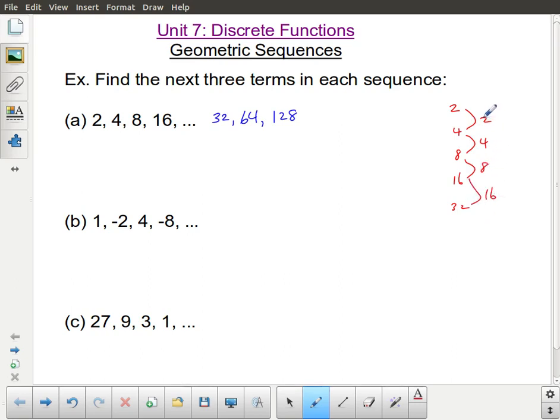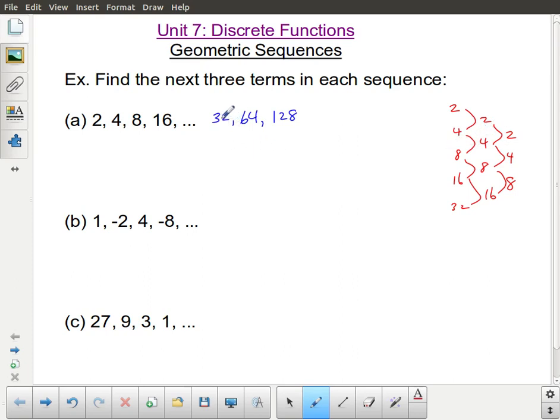You can see all it's done is shift down and I have the exact same set of numbers. And if I did that again with second differences, it's again the same set of numbers shifted down. So first, second, third differences are not going to do us any good here.